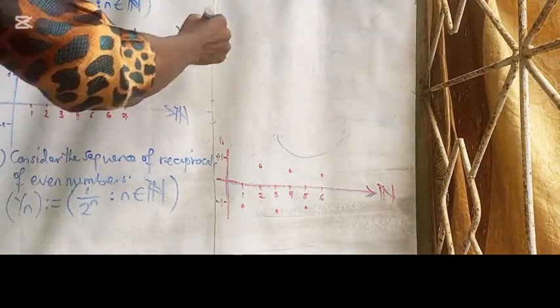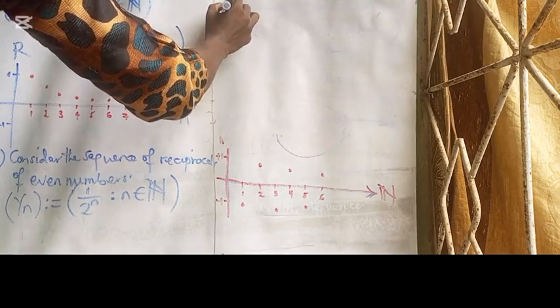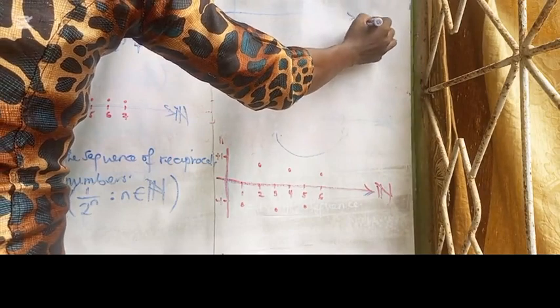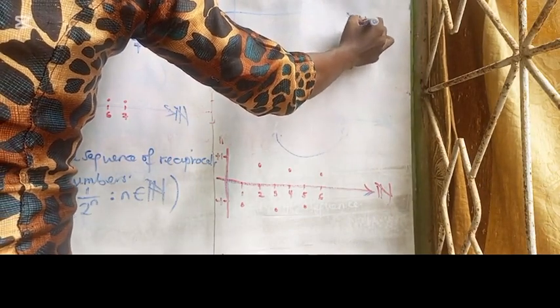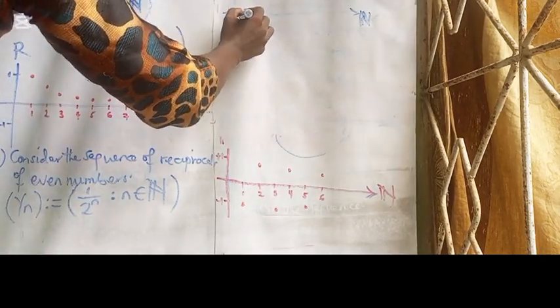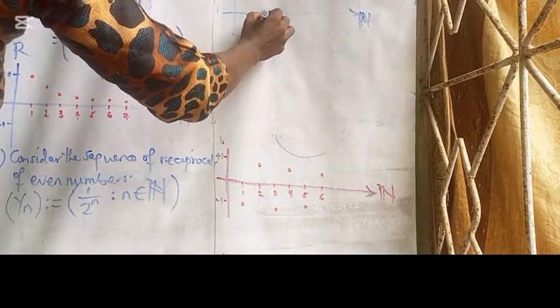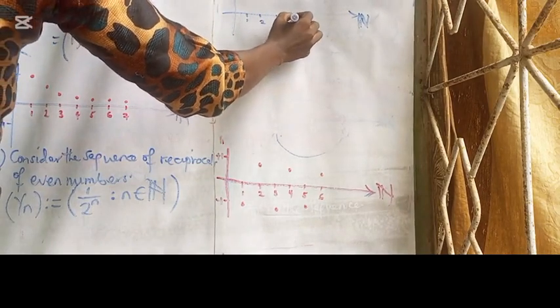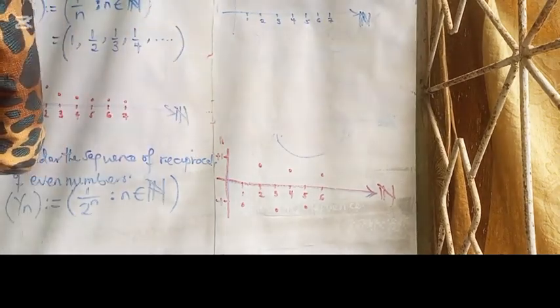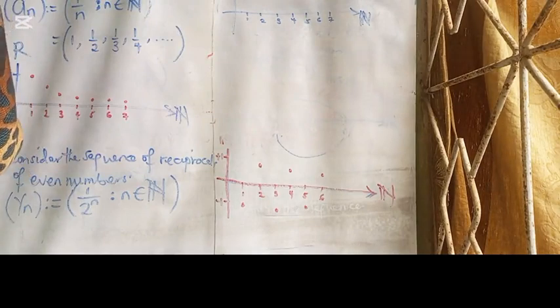Again, if we visualize this on the two-dimensional plane, what is happening?